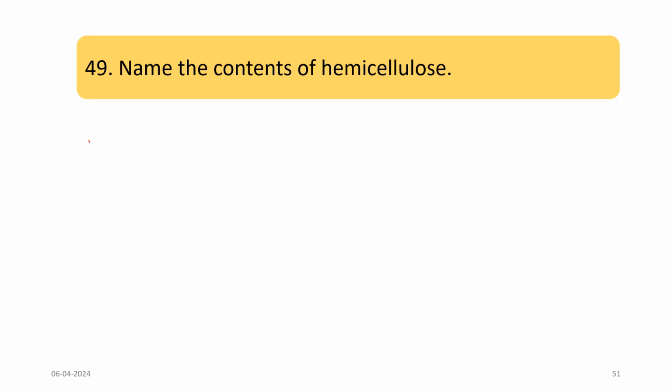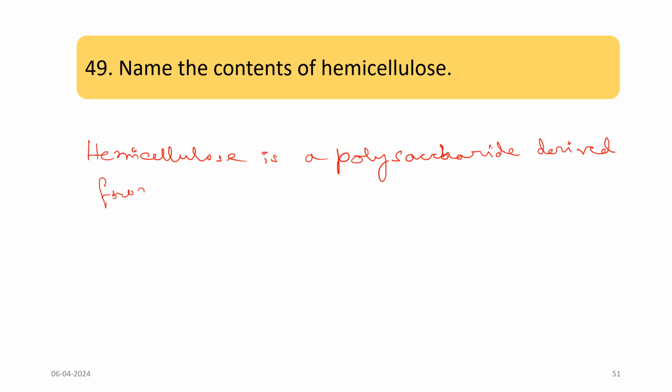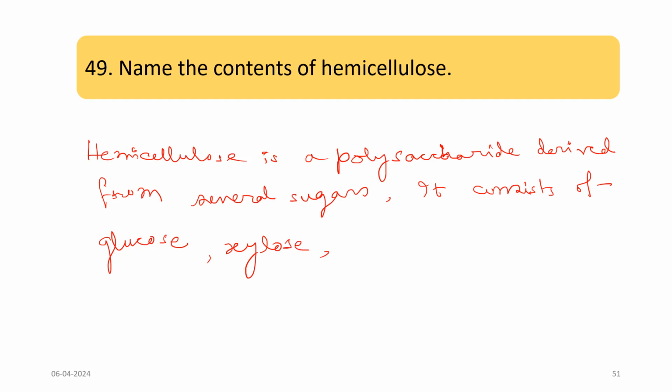So hemicellulose is a polysaccharide derived from several sugars, and it consists of glucose, xylose, mannose, galactose, rhamnose, and arabinose.